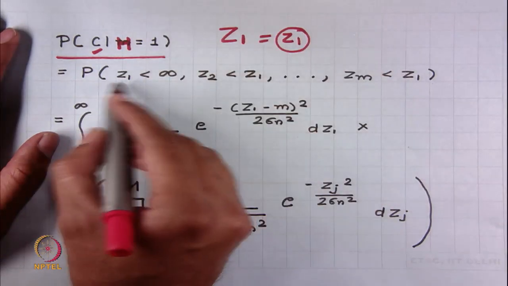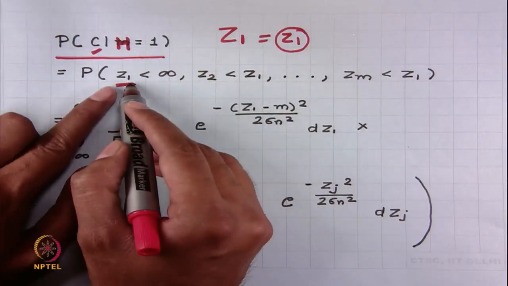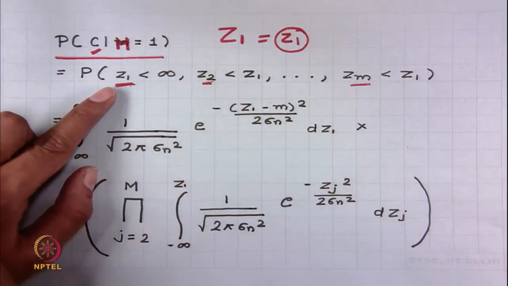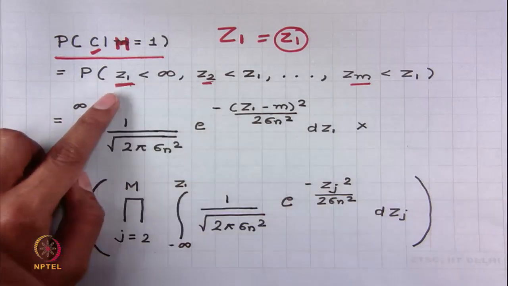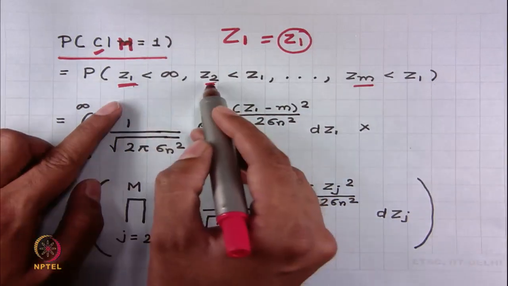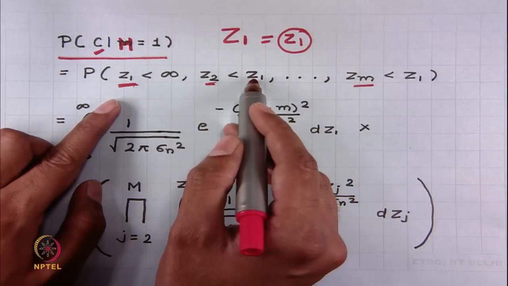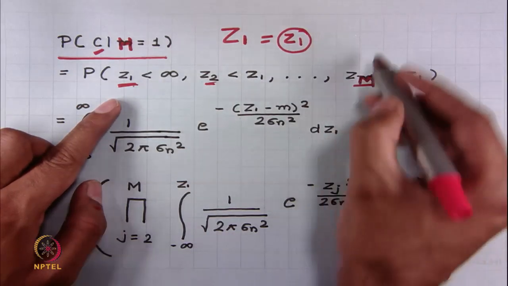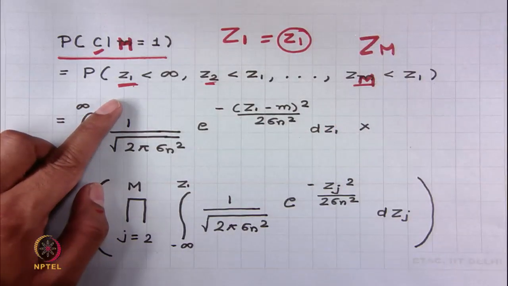All other numerical values corresponding to all other random variables should be smaller than z1. So z2, the numerical value of random variable Z2, should be less than z1, zm, the numerical value of random variable Zm, should be less than z1, and so on and so forth.